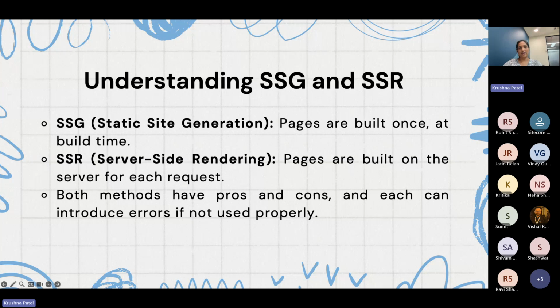Also, say I have one product which has only one quantity, and in parallel, two users are trying to book that product. Once one user books it, it should automatically show out of stock for the second user.